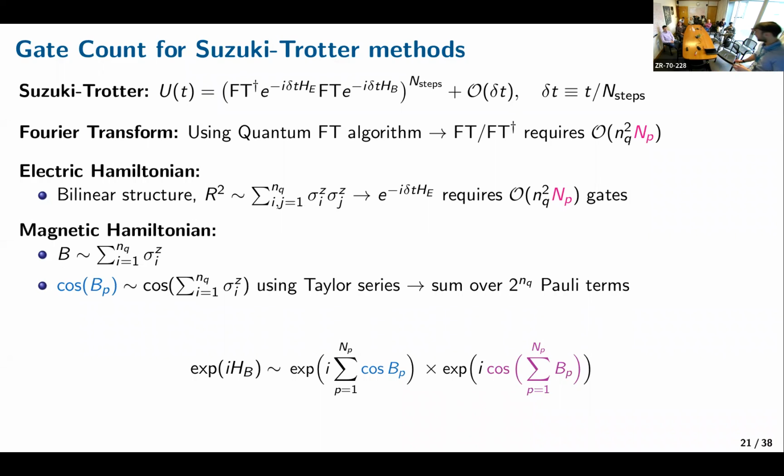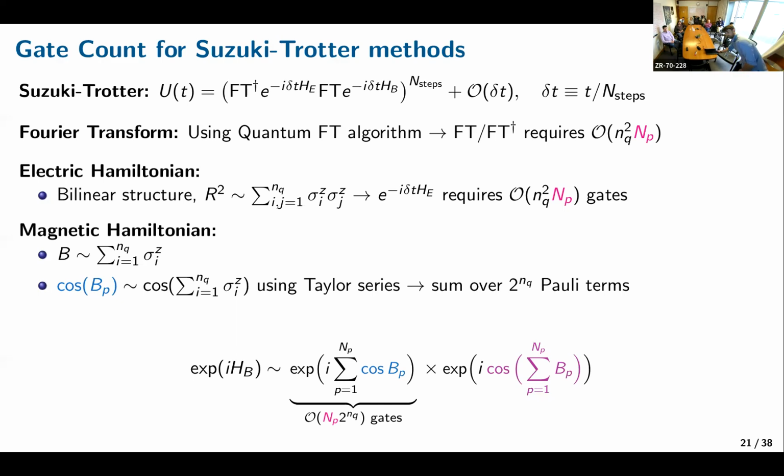Implementing each of these can be done in roughly this many gates for each term. And because there is one of these for each lattice site, this term is also linear in the volume. Just remember that this little n_q can be kept small, so exponential in a small number is fine. We're happy with that. 2 to the 3 is only 8, so that's not a big deal. And so we are still linear in the volume.